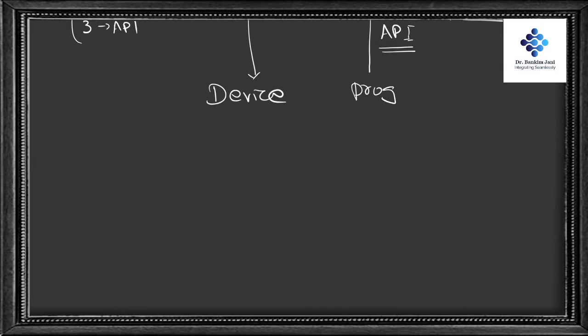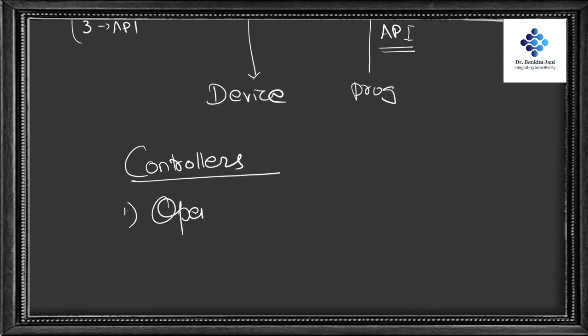Now these controllers. Cisco came up with so many different controllers, and we'll be studying all of them today. Say, one, which was not actually from Cisco, OpenFlow, is an open standard. Then Cisco came up with OpFlex. This is from Cisco.